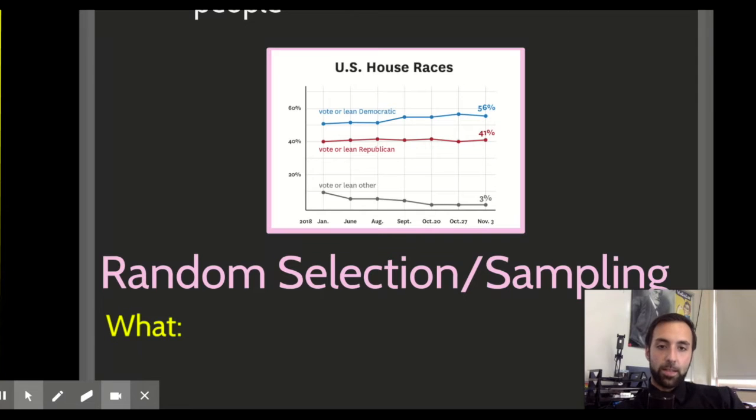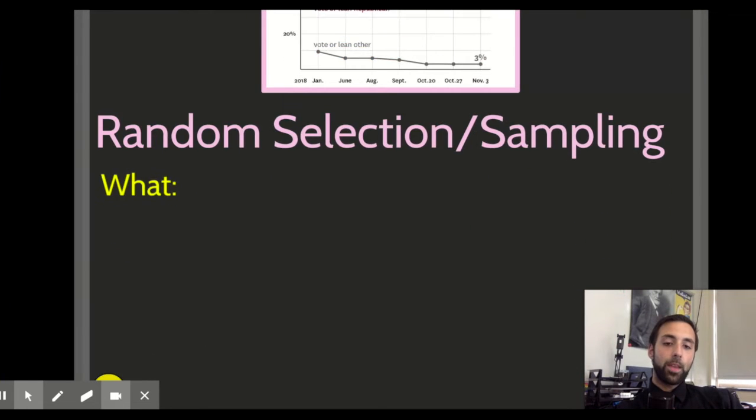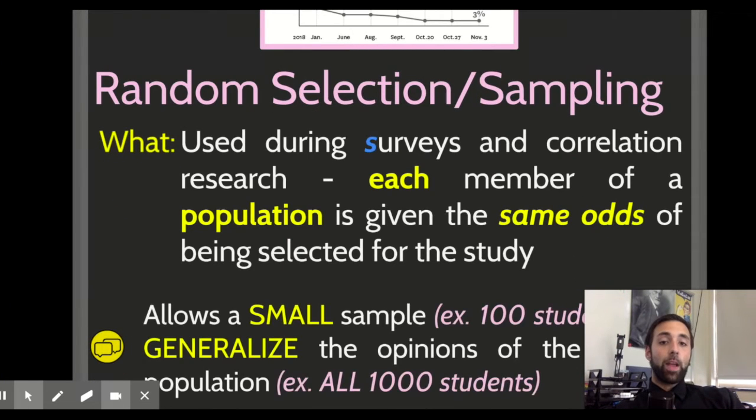Tries to get a sense of how people are feeling for one party over the other, one candidate over the other. But instead of asking all Americans who they're going to vote for, we wait for election day for that. If you ask a small percentage of a population, even 1,000 members of one state, assuming it's done properly, it actually does a pretty decent job approximating how the entire state would feel if the entire state were asked in the poll. And the reason is that random selection or random sampling has been done.